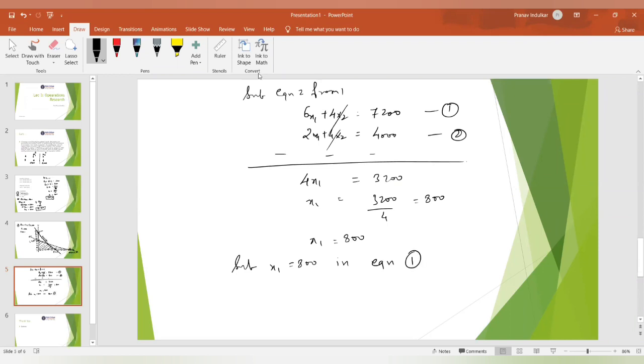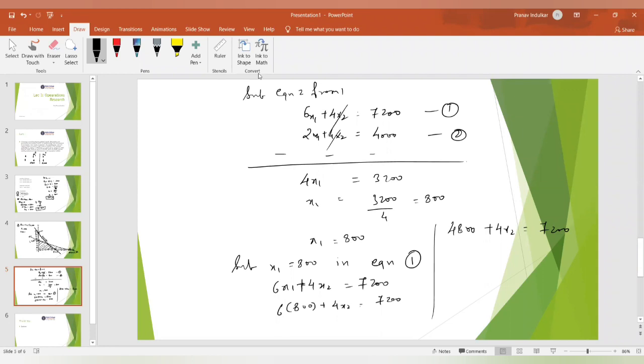Any equation you can substitute. 6x1 plus 4x2 is equal to 7200. So 6 into 800 is 4800, then 4800 plus 4x2 is equal to 7200.